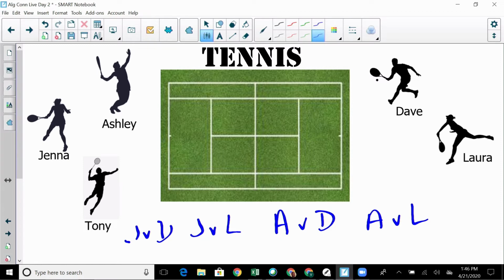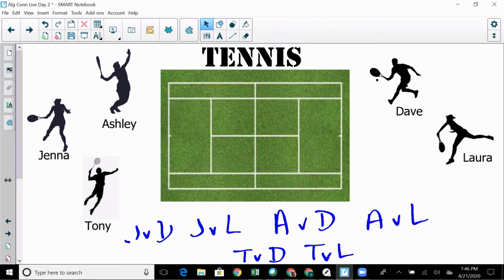Tony versus Dave, and Tony versus Laura. Now, people that really follow sports know the winner stays on, the loser has to go. So Jenna plays Dave first. Jenna wins, she stays. She plays Laura. So it's a situation where winner stays on, loser moves. But you do that with each term in each polynomial, in this case, each person on each side of the court.